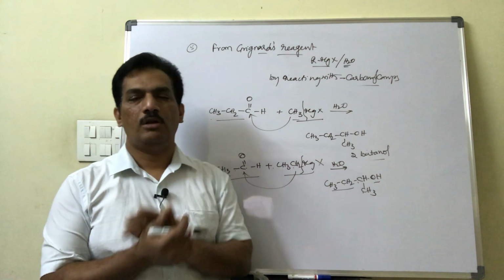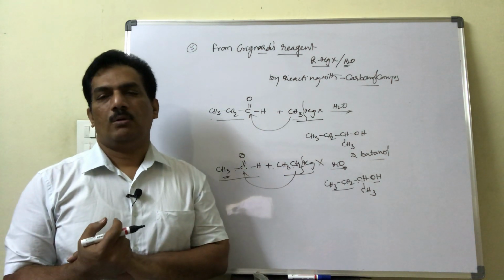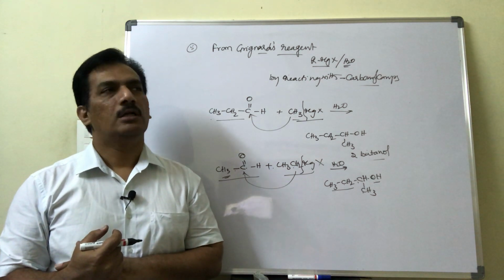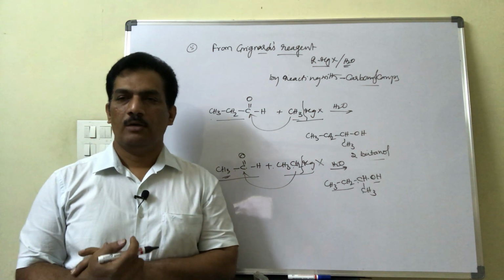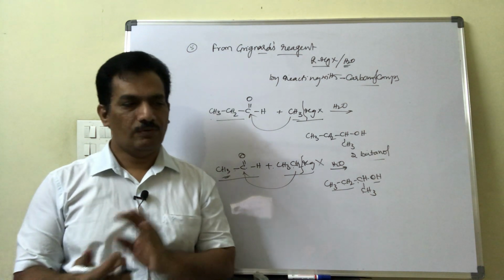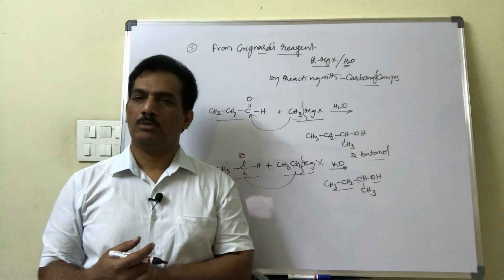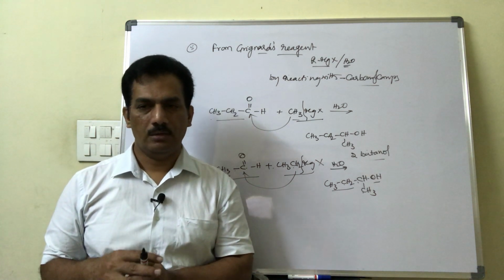Clear? These are different methods that are used for the preparation of alcohols. Clear? In the next coming session, we have to go for the properties of alcohols. First we will discuss some physical properties and then we will enter into chemical properties of alcohols. Clear? Thank you.